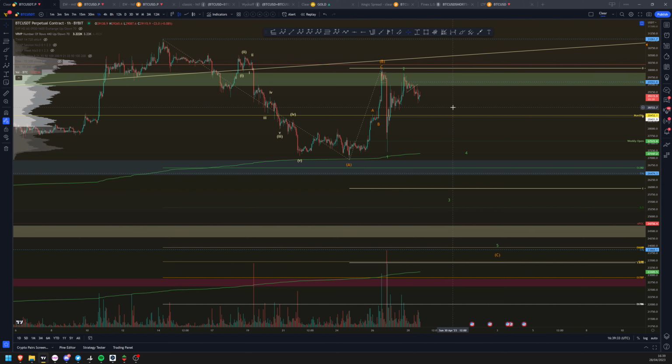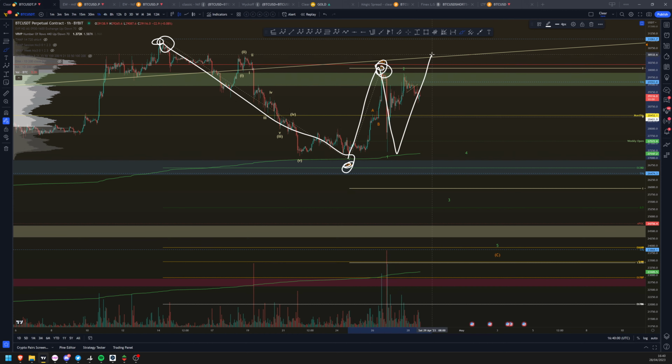At least, as long as there is no invalidation, ideally we don't take the high that we printed this week. An invalidation would be to take the 31,000 high. Until we take that high, we still have a valid wave A. If we take that high here, well, we may have an A, B, C of some sort, or still a B to finish somewhere.